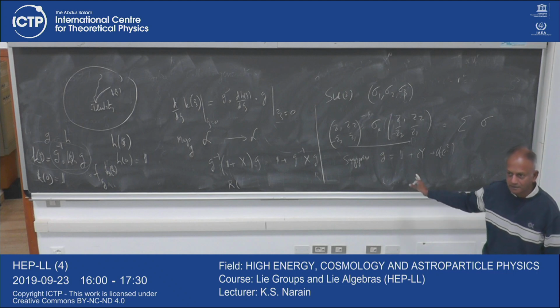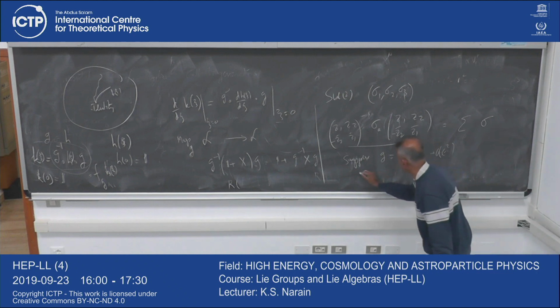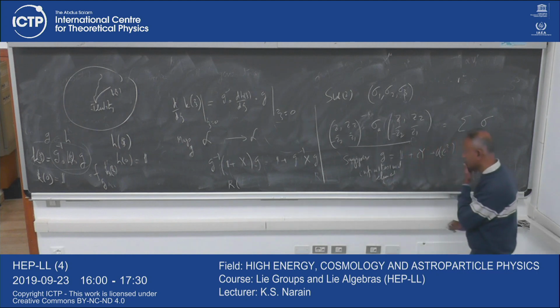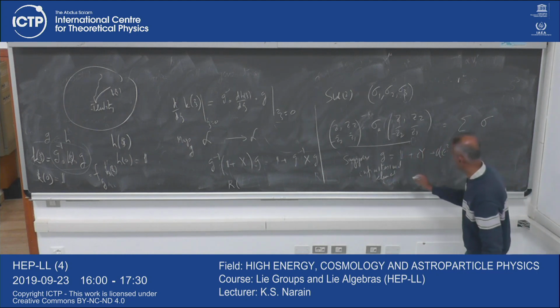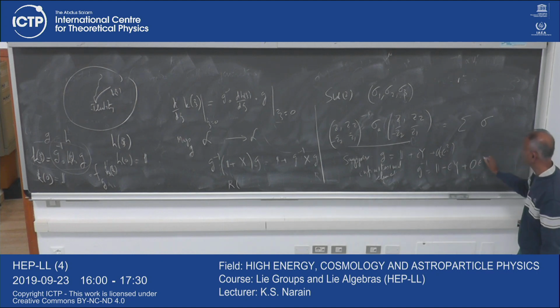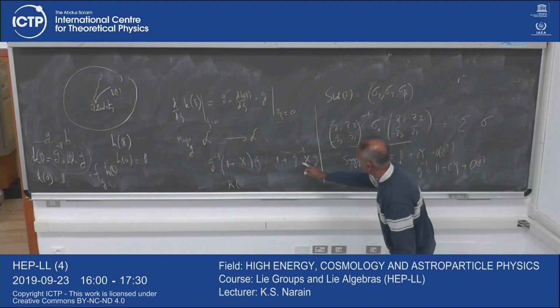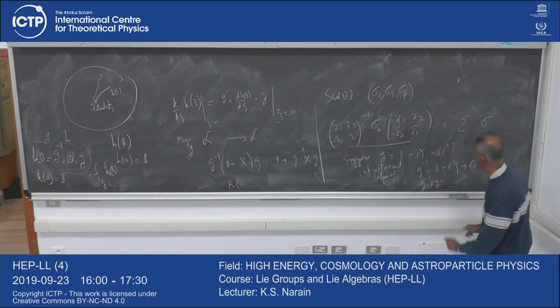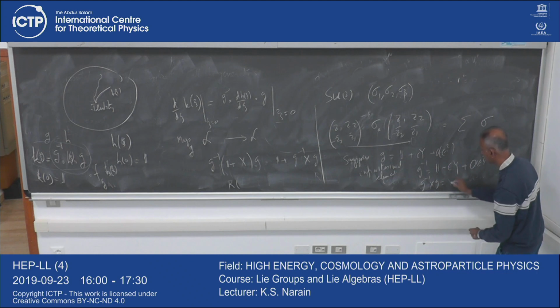So take an infinitesimal element. G inverse is clearly identity minus epsilon y plus order epsilon square. And then G inverse XG becomes: identity takes it to X itself.